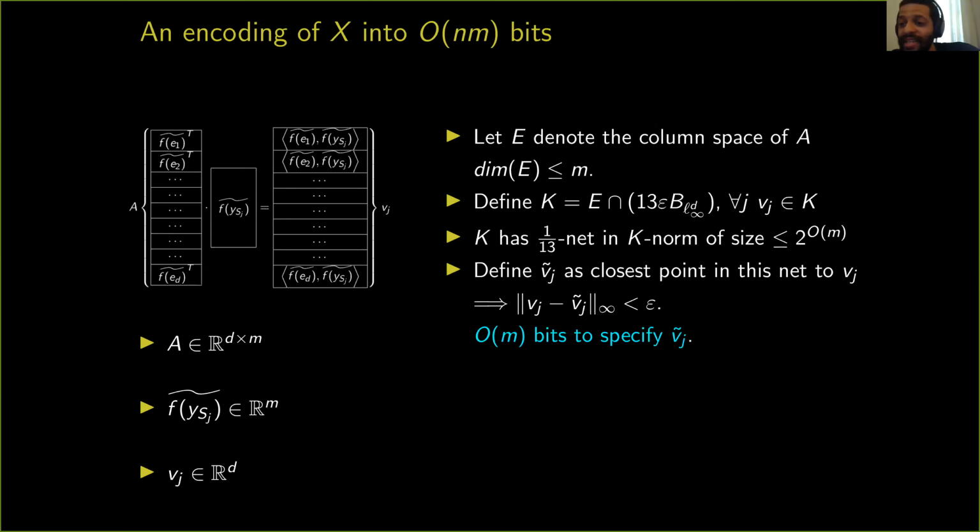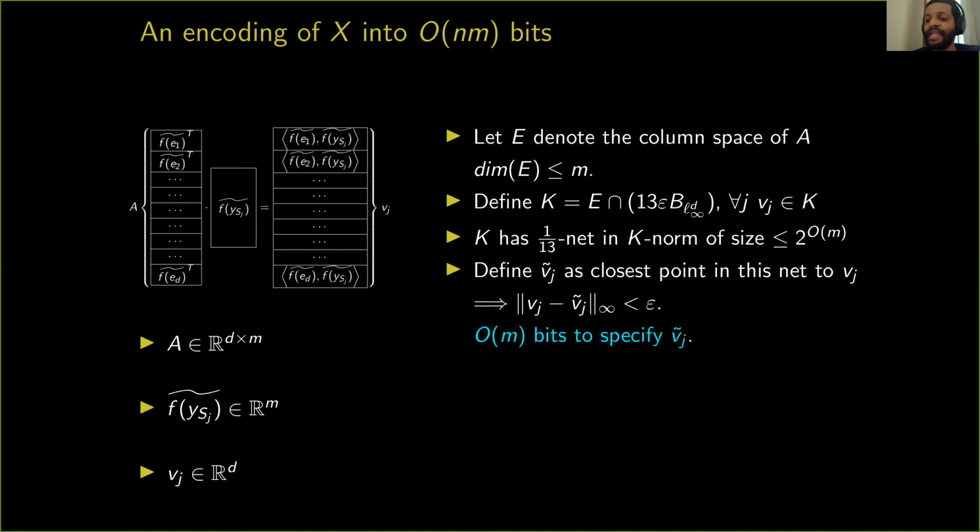K depends on E, E is in the definition of K, E depends on A, A depends on F, and each point set in script X has its own F. So since the decoder doesn't know what the point set was, it doesn't know what F was, so it doesn't know what the net is, so it doesn't know how to decode.